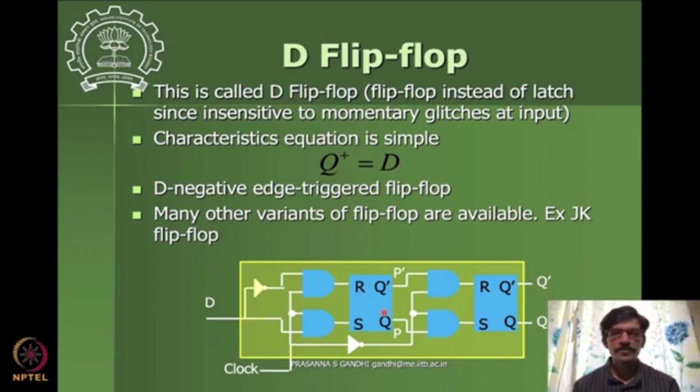So at any point, the input I am giving here, but the output is going to be the previous state, and this output will become the new state only after one clock cycle has passed. And if my value is changed here, this doesn't immediately change. It will change only after the next clock cycle, so the previous value will be remembered until that time. That's how the notion of memory is introduced in this D flip-flop.